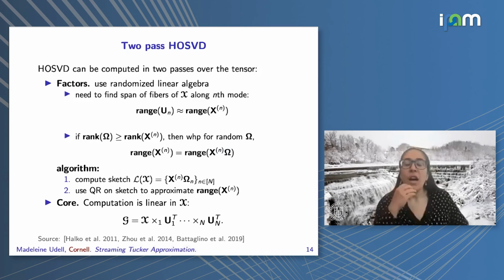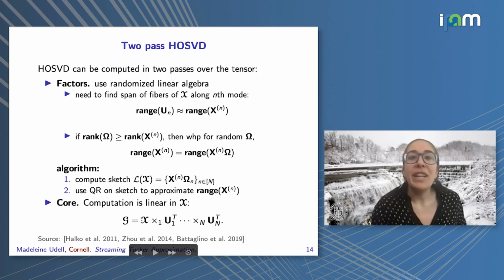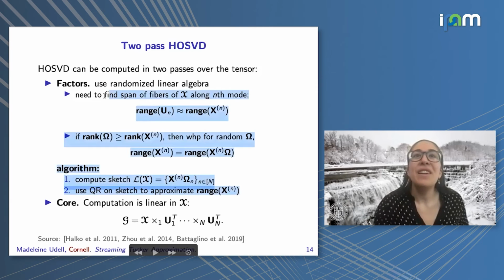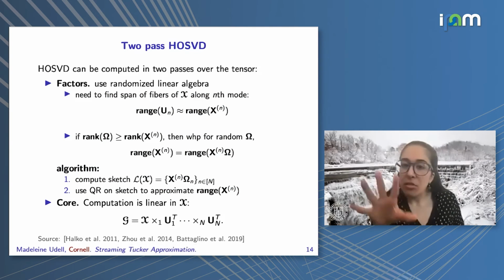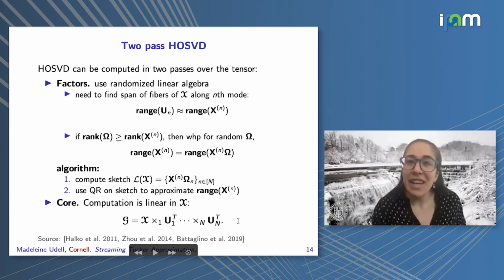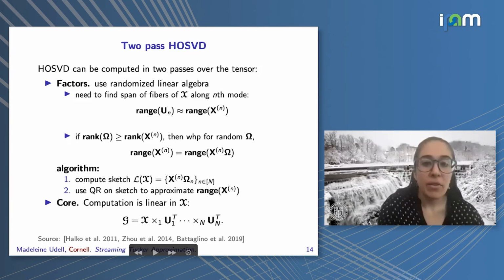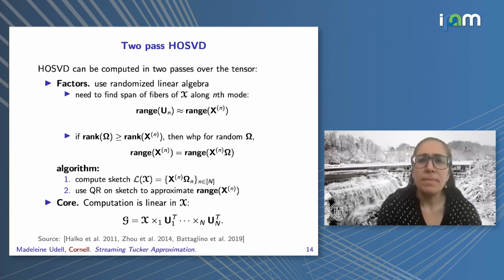For the core computation, well, that's already linear in X. So if I'm willing to see X twice, I can compute the factor matrices Un using the sketch, and then I can look at X again to compute the core tensor.